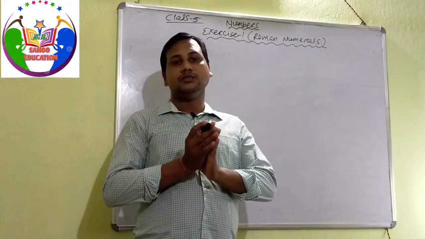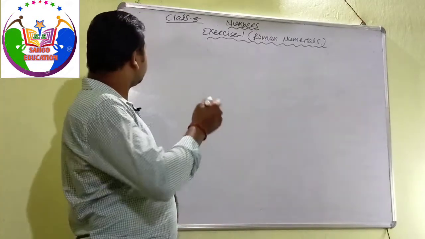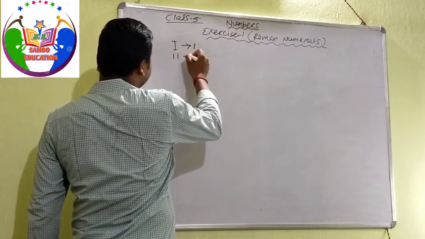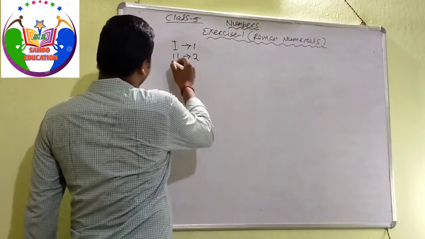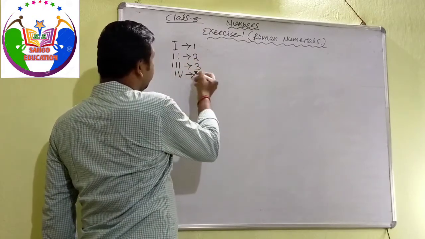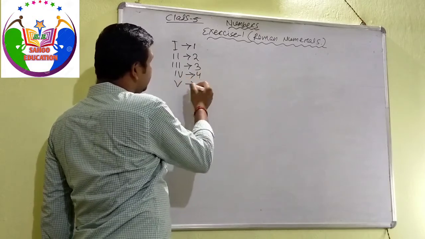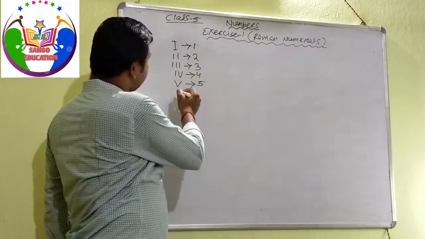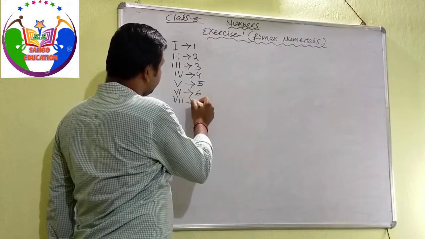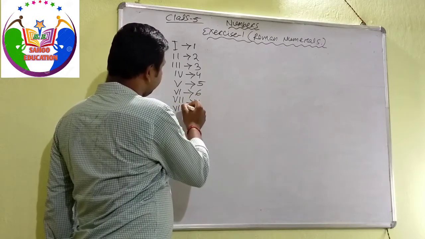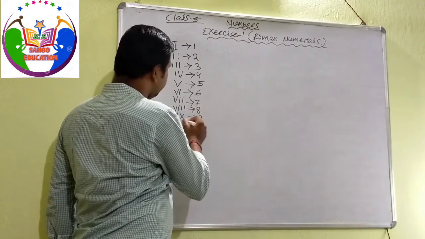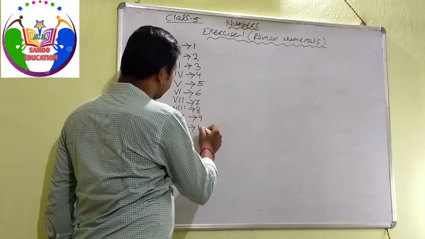Here you know Roman numerals like I, it's said as 1, and double I means number 2, triple I is number 3, IV is number 4, V is for 5, and VI for 6, VII for 7, VIII for 8, IX for 9, X for 10.